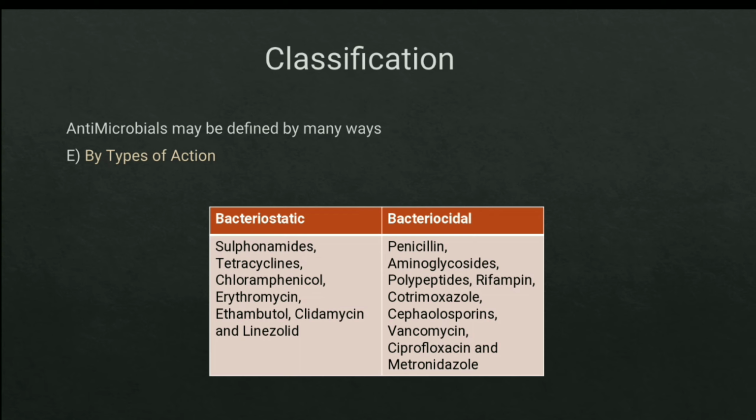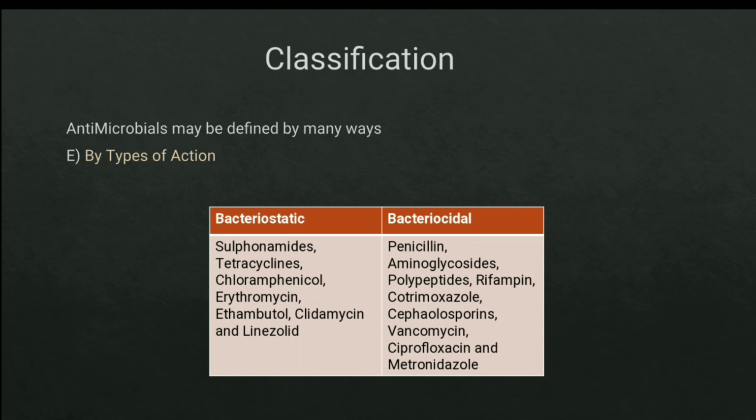If the number of bacteria is 6, then it remains 6. But bactericidal drugs kill the infecting cell. So bacteriostatic just suppress the growth, but bactericidal kill the organisms. This is the major difference.